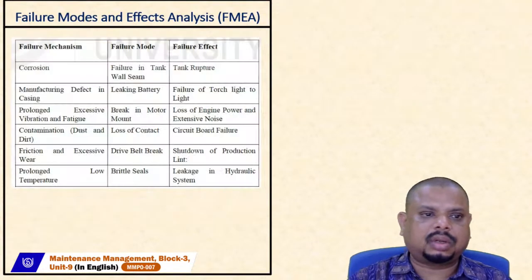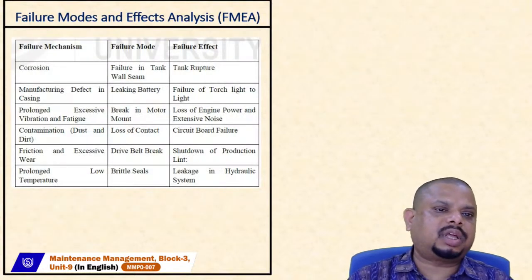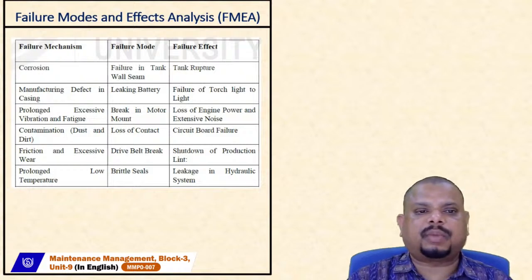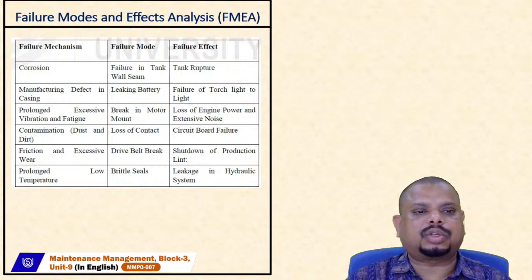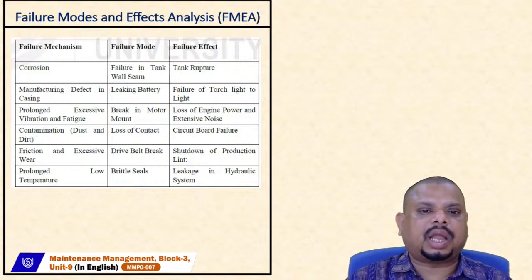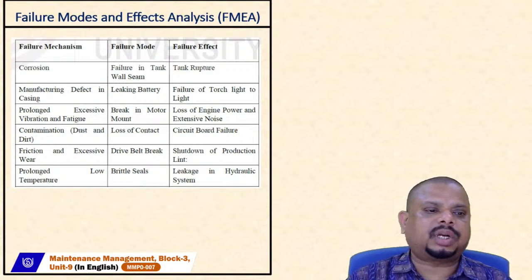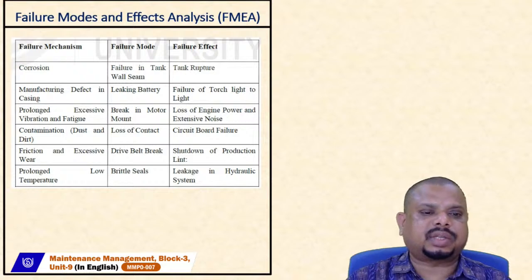Moving to the next one: how this failure mode and effect analysis should be done depending upon the different failure mechanisms. For example, in case of corrosion, the failure mode is failure in the tank wall, and the failure effect is that the tank ruptures. The second mechanism is manufacturing defect in castings.